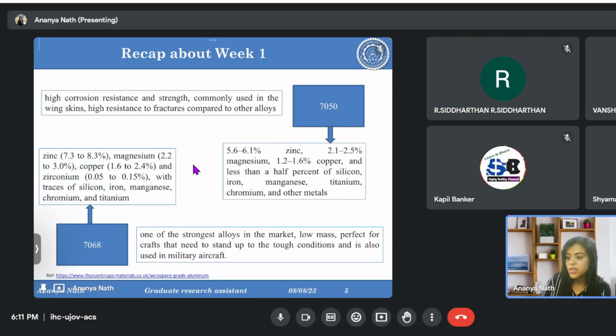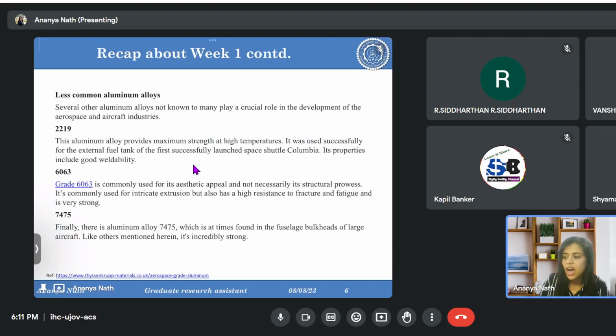For high corrosion resistance and strength, these alloys are used in specific applications in aerospace engineering. Other than aerospace, they are also used in other industries, like the automobile industry.